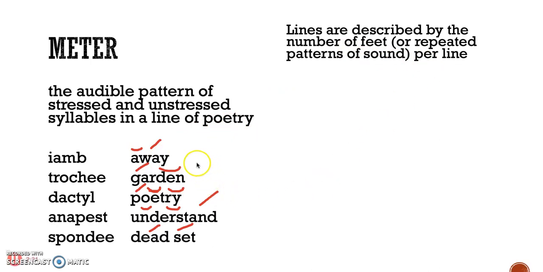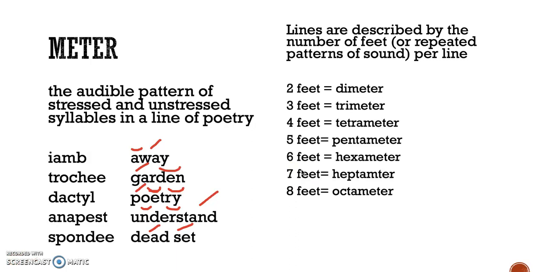So if I have 3 sets of this pattern, unstressed, stressed, 3 sets within a single line, then I would call it iambic trimeter, right? Because it's 3 feet within a single line and it's using iambs. So we use these names and they correlate with the number of patterns per line in order to come up with the way that we describe the lines.